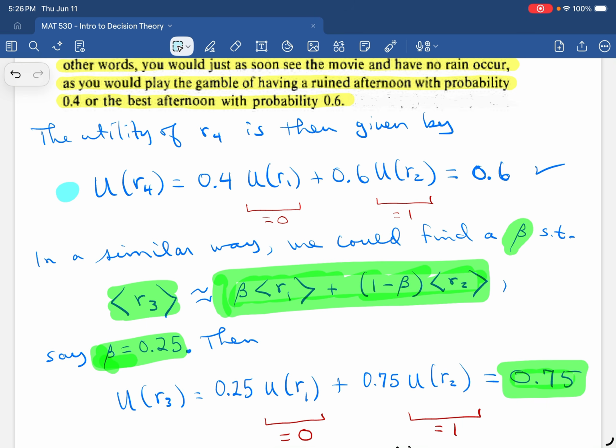So let's see if we can find a beta so that we value the reward R3 with certainty the same as if we had a gamble between the worst reward R1 and the best reward R2. So let's say, for example, we choose beta equals 0.25. Then the utility for R3 is 0.25 times u of R1 plus 0.75 times u of R2, which turns out to be 0.75.